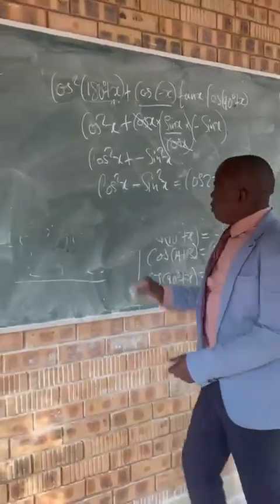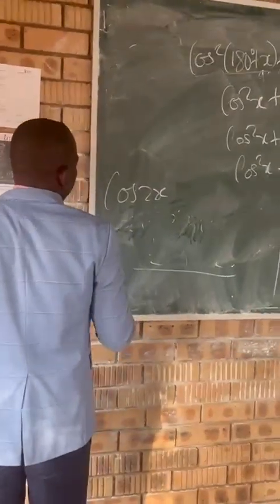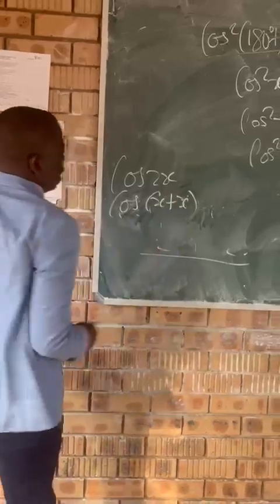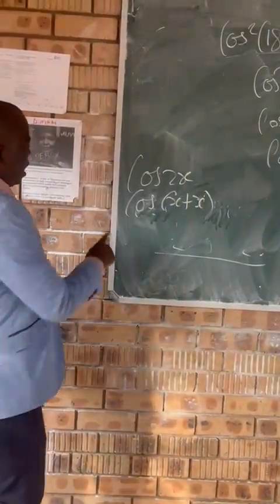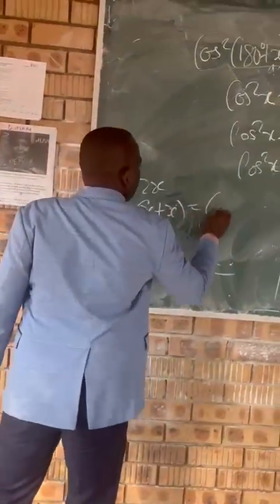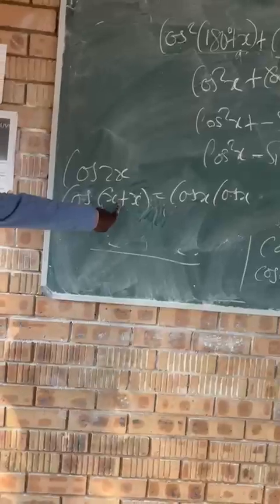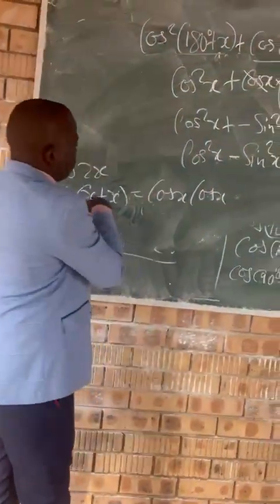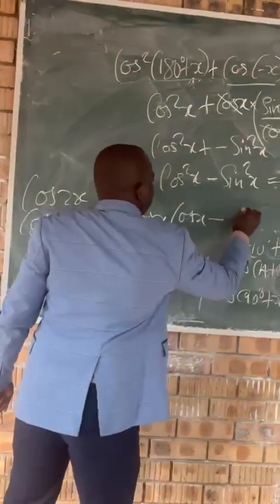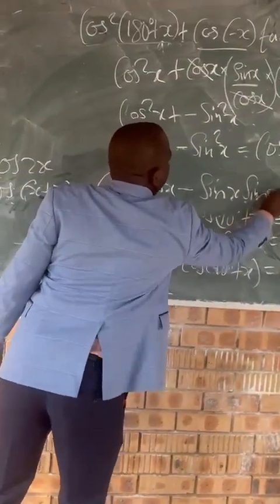Cos 2x can be written as cos of (x plus x). Expanding the double angle for cos, we get cos x cos x, and because this is a plus, we must change it to a minus, then sine x sine x.